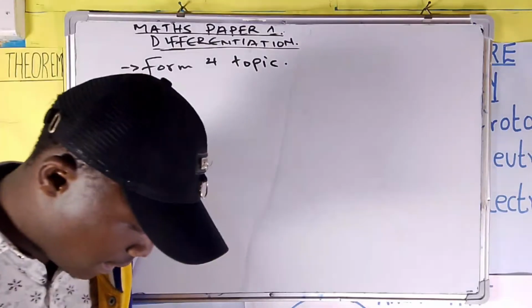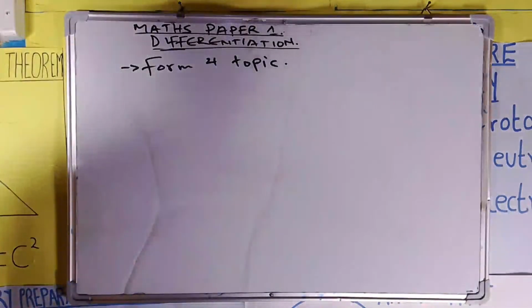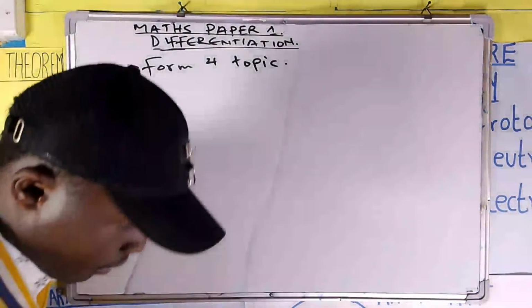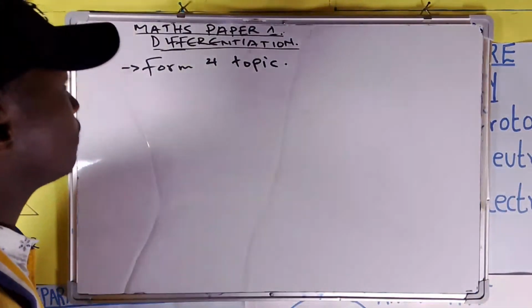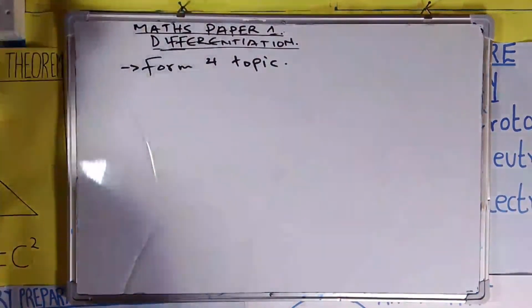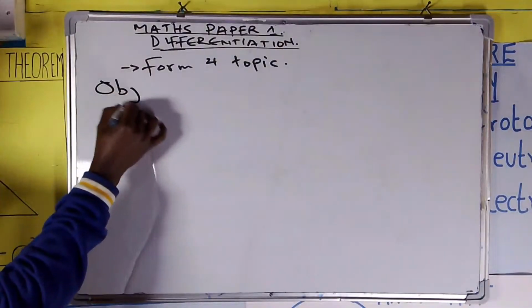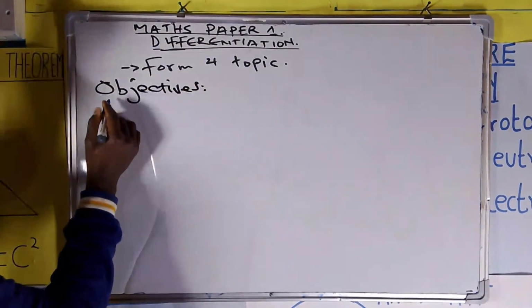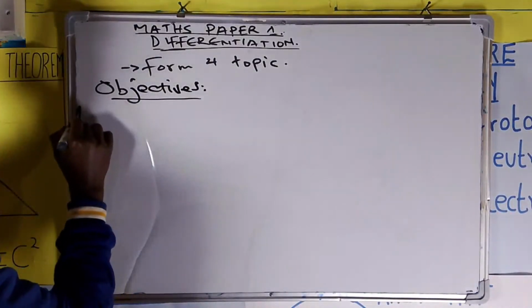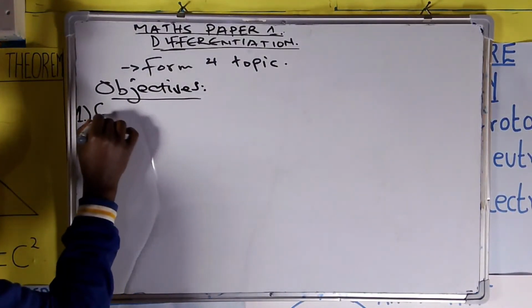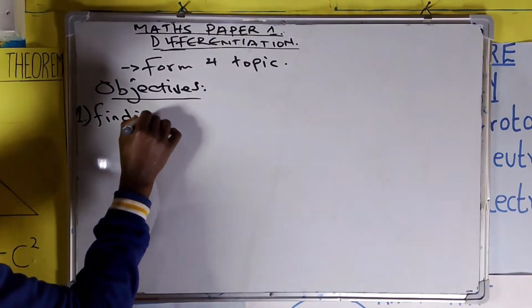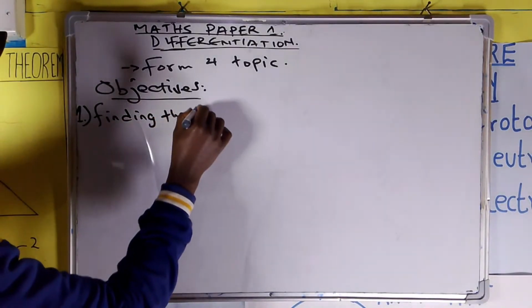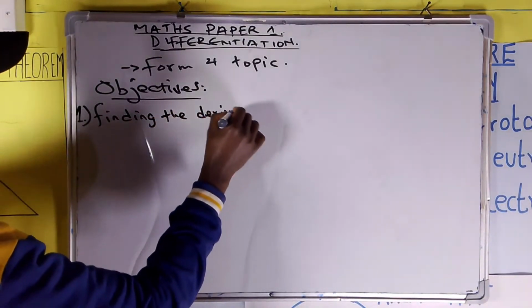In this lesson, these are our objectives, or this is what we need to achieve by the end of this topic. Number 1, finding the derivative.